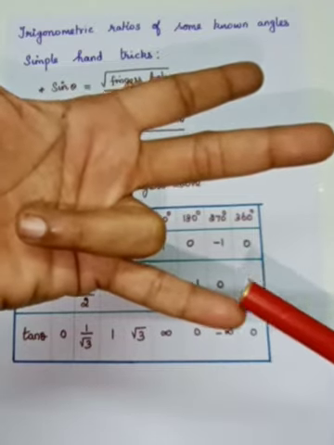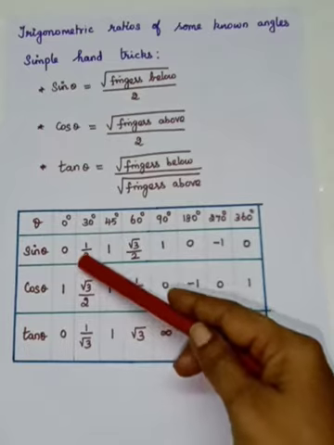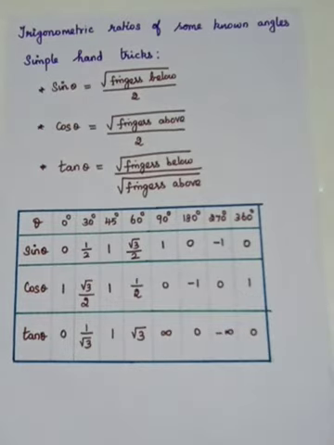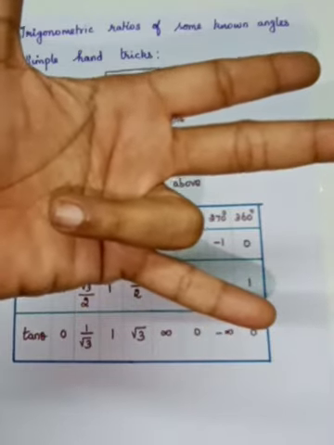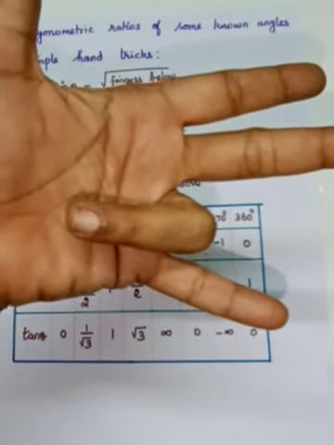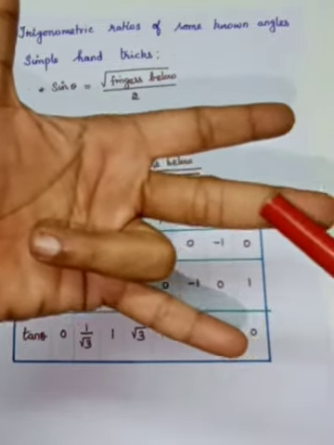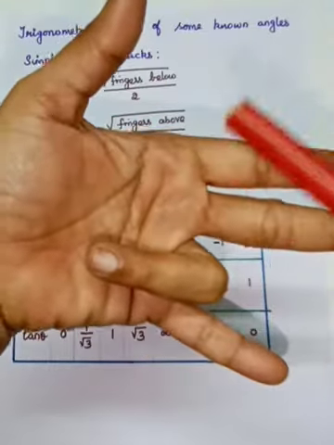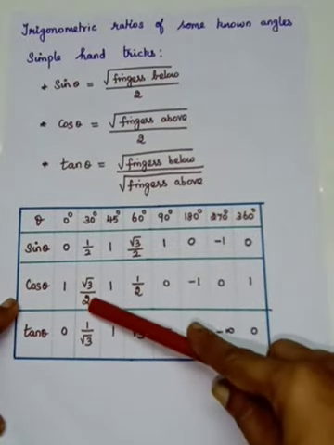So square root of 1 by 2. Square root of 1 is 1, so the answer is 1 by 2. Sin 30 degree is 1 by 2. In the same way, cos 30 degree: I have said it is the square root of the number of fingers above divided by 2. How many fingers above? 1, 2, 3. So square root of 3 by 2. So cos 30 degree is root 3 by 2.